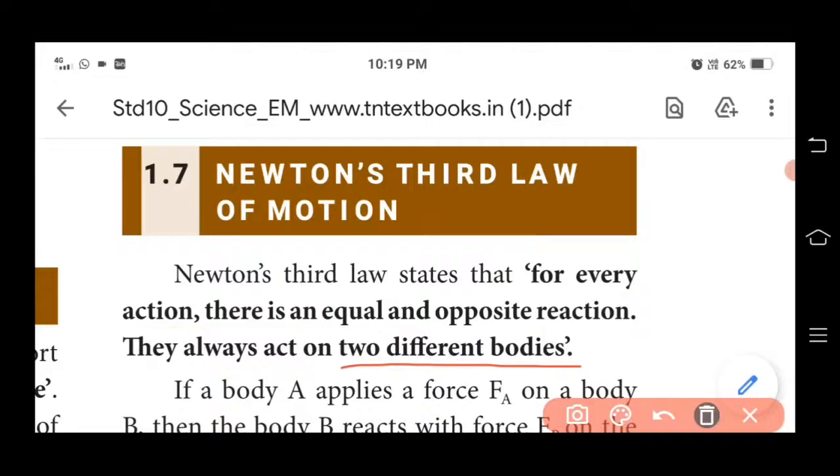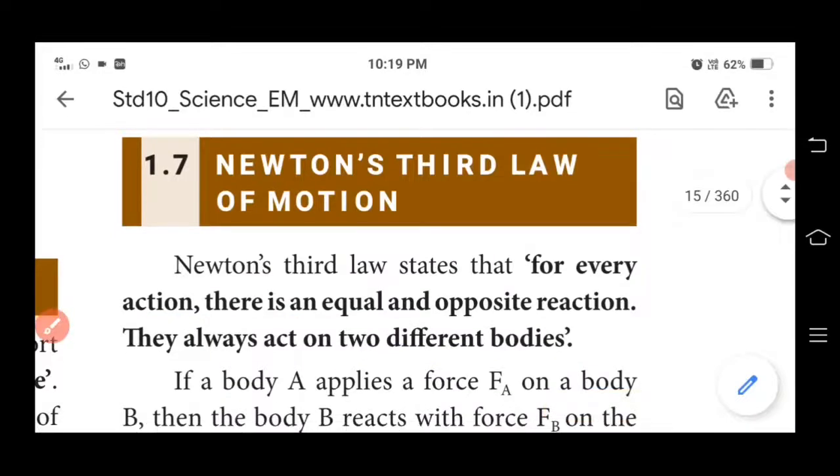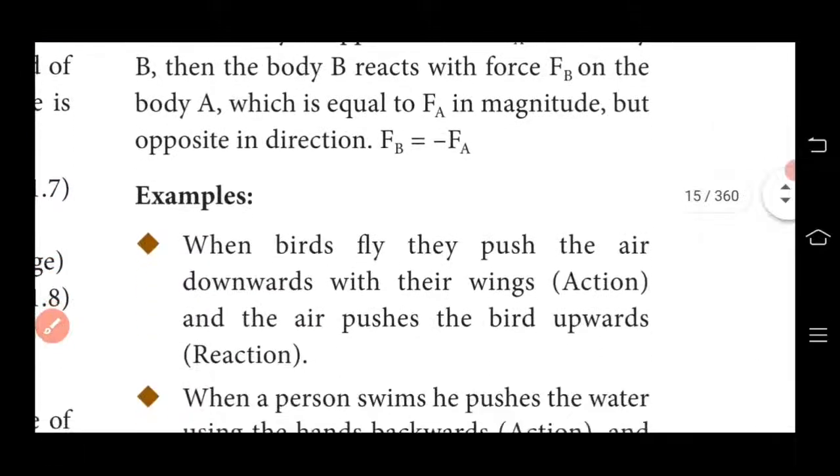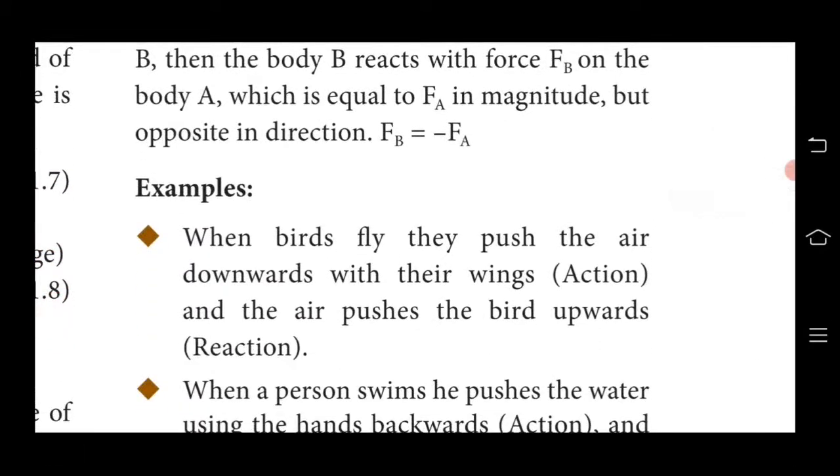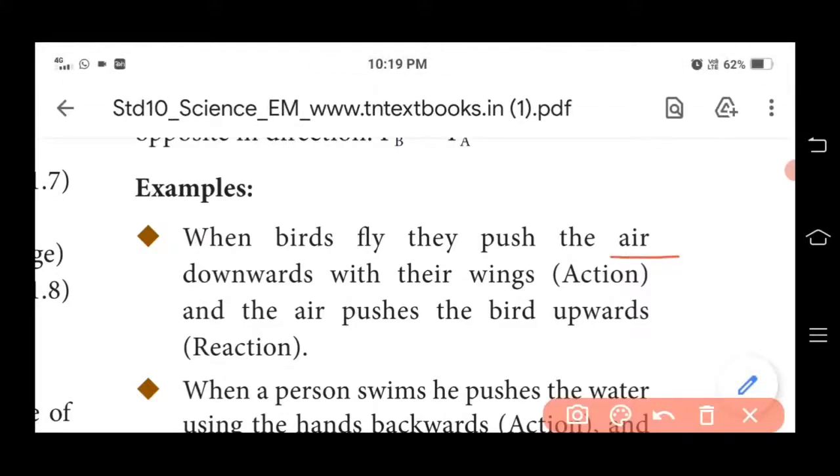A very important example: when birds fly, they push the air downwards with their wings. That is action. And the air pushes the bird upwards, reaction. So this is an example for Newton's third law.